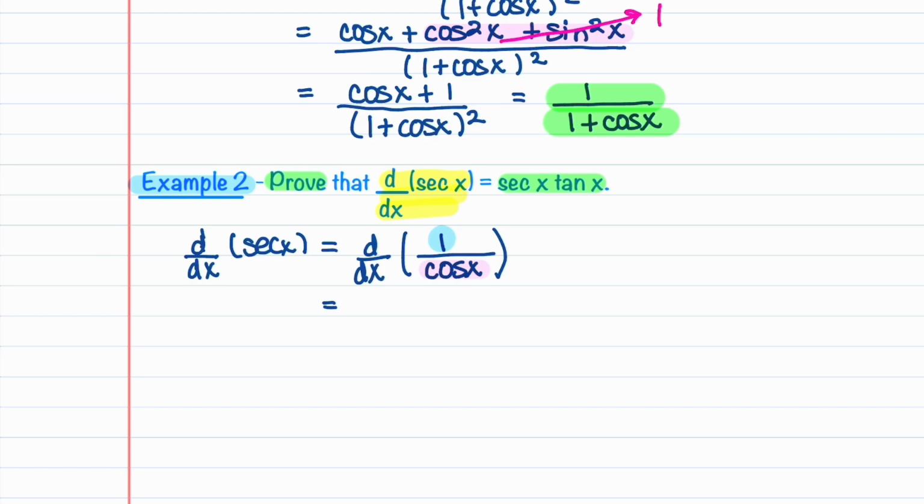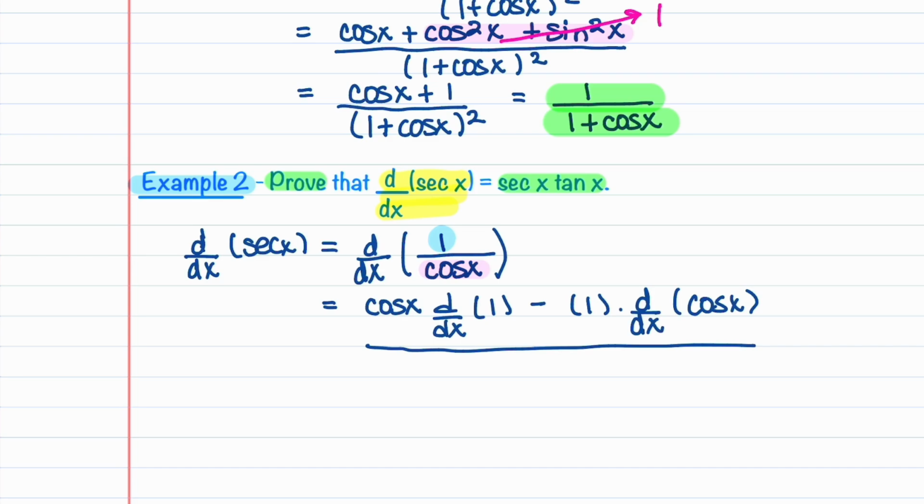So we have the bottom term, which is cosine x, times the derivative of our top term, which is 1, minus our top term, which is 1, times the derivative of our bottom term, cosine x. And then we're going to divide all of this by cosine x quantity squared.